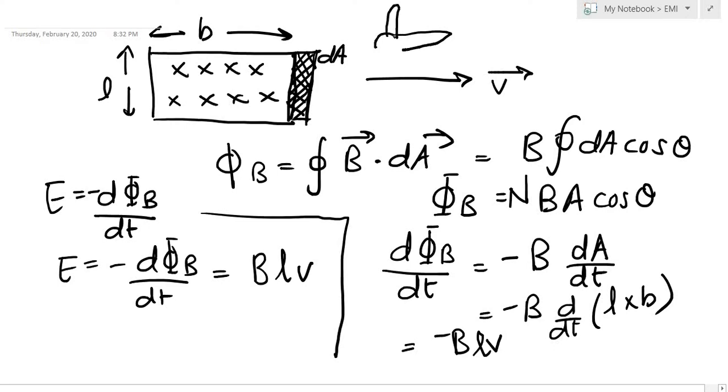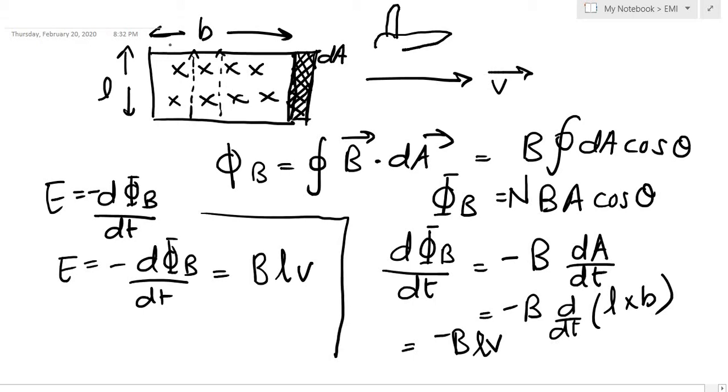Index finger is, say, going like this, and then your central finger will be across like this, so along the length of the conductor. So you have basically the direction of your induced current going this way.